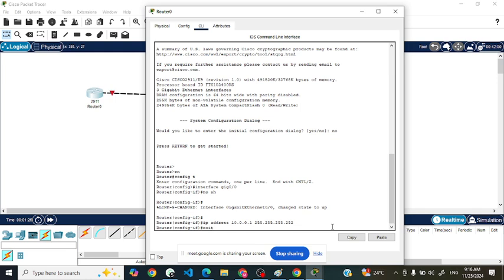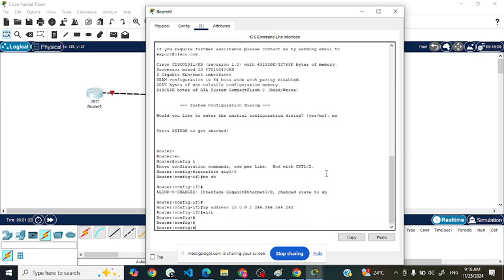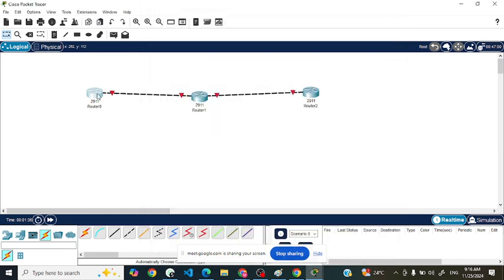That is why it should be 252. Here the interface is manually up, but because the other side is down, it will not show in green.